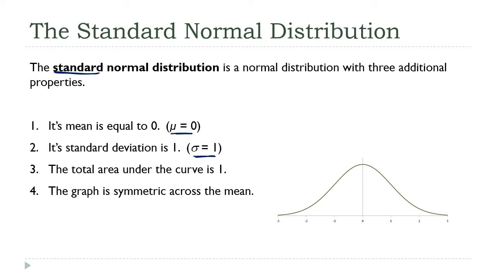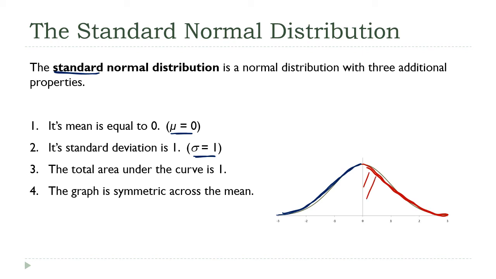Right, and finally, this graph has a very useful property that it's symmetric across its mean. In other words, the left side of the curve over here is a mirror image of the right side of the curve. And more specifically, the area under each side is going to be the same.